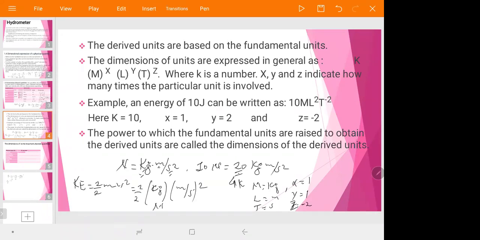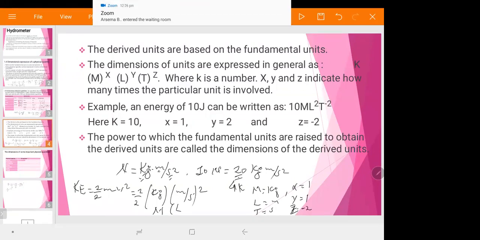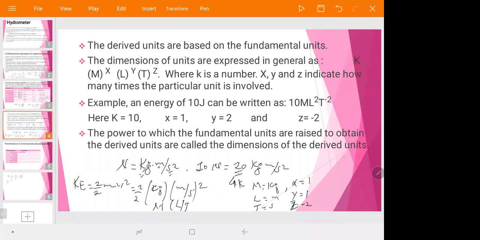Kilogram is represented by capital M. And velocity, when symbolized by dimension, is L over T, the whole square. So M L square T minus 2 is the dimension of energy. This unit tells you the dimension of energy. So here the value of k is equal to 10.